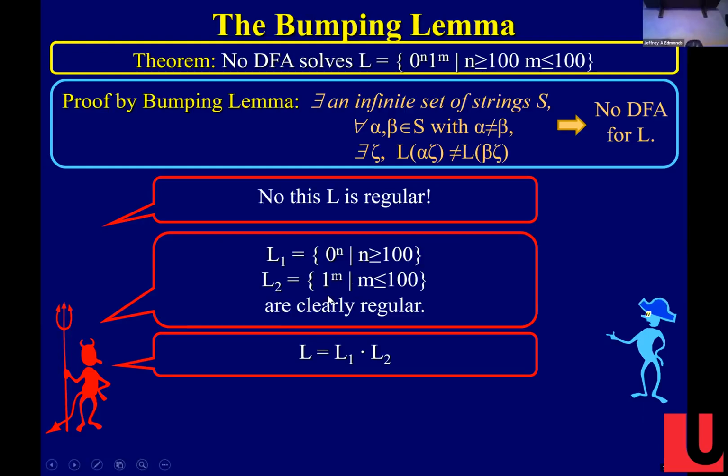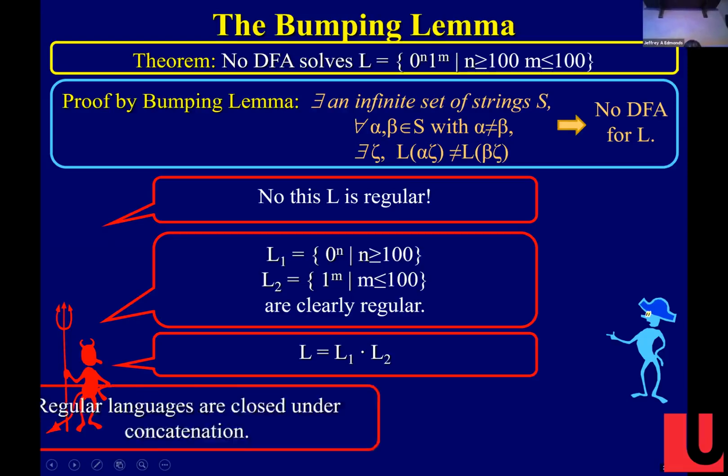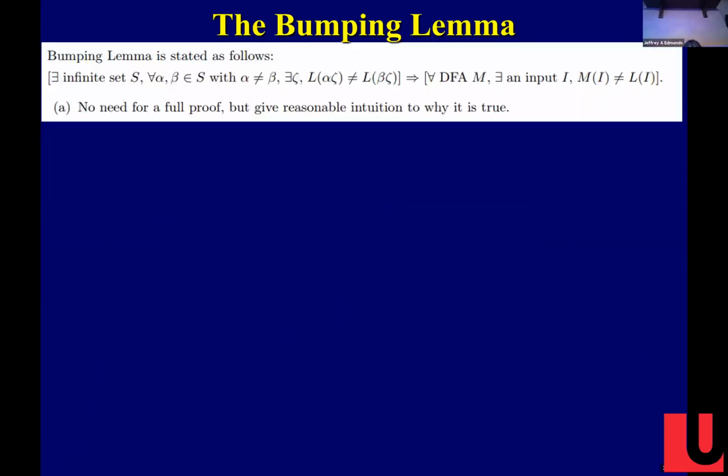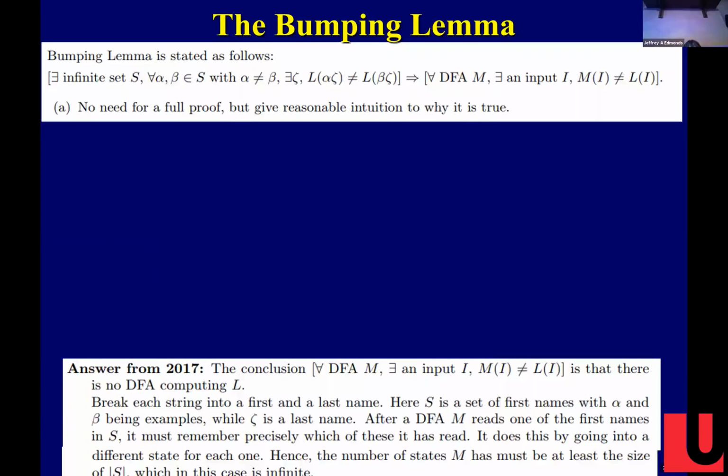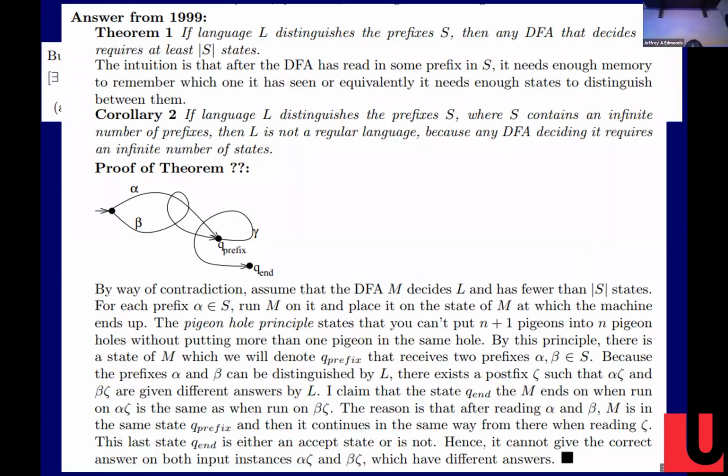I count up to 100 to make sure I don't have more than 100 ones. And then I know the answer. So this can be done by a DFA, and that's why the proof failed. Here's just some write-up of it. Any questions?